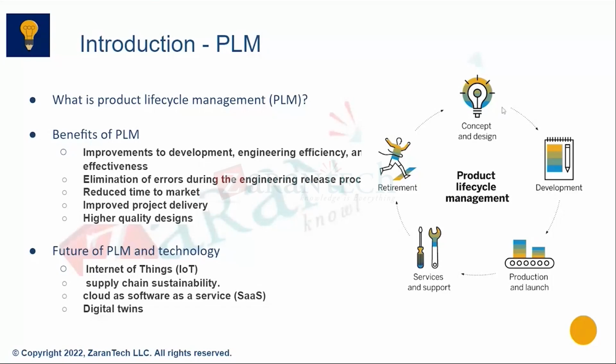You can always think of product life cycle management from concept and design to retirement, so that a better product will come into the market and be used by a customer. And then improvement of a product comes from the customer's feedback.